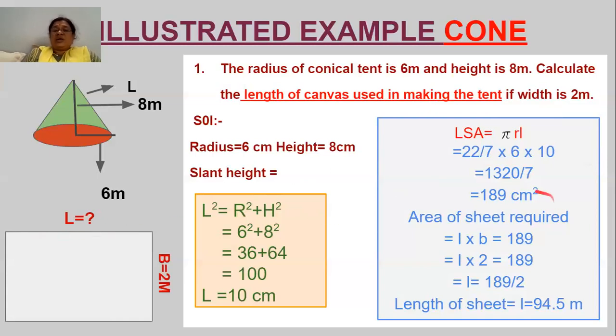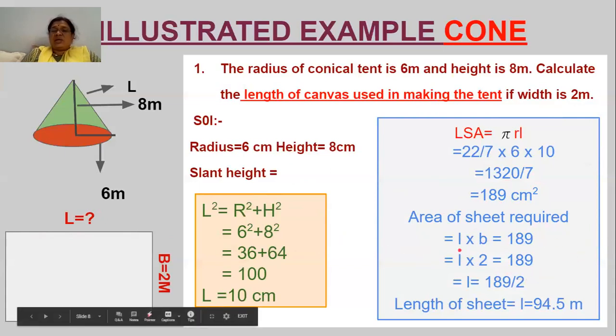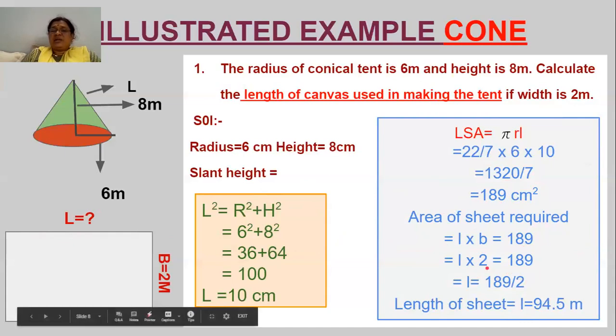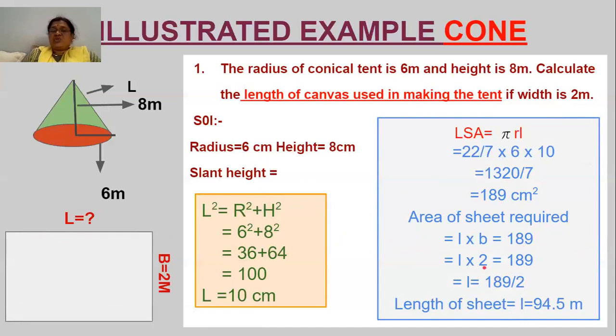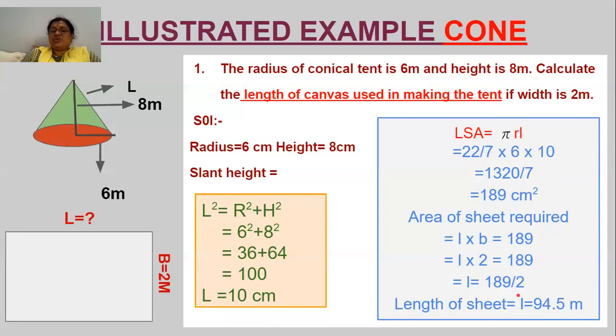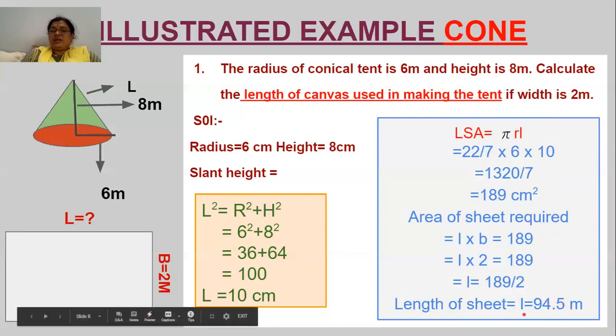So you know the lateral surface area of the conical tent, and you know the breadth, the area of the sheet. So the area of the sheet will be 189, and here the breadth is 2. So length is equal to 189 by 2. You will get the length of the sheet.